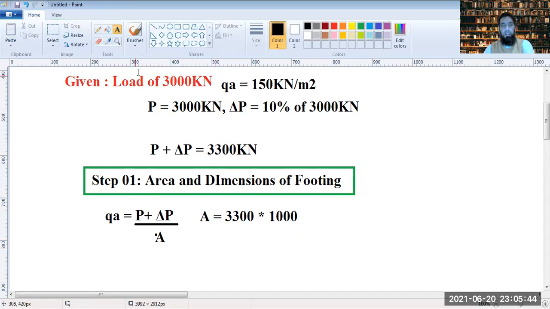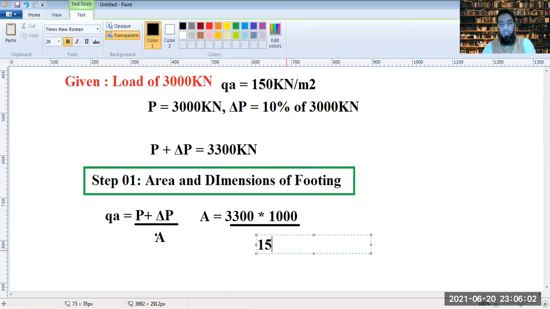divided by, so the load is 3300 kilonewton, that's 3300 cross 1000 newton, divided by QA, which is 150 kilonewton. Let's change this as well, so that would be into 1000.